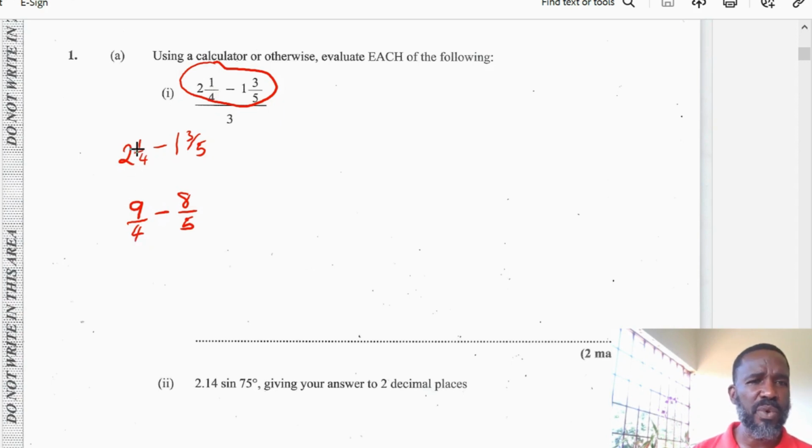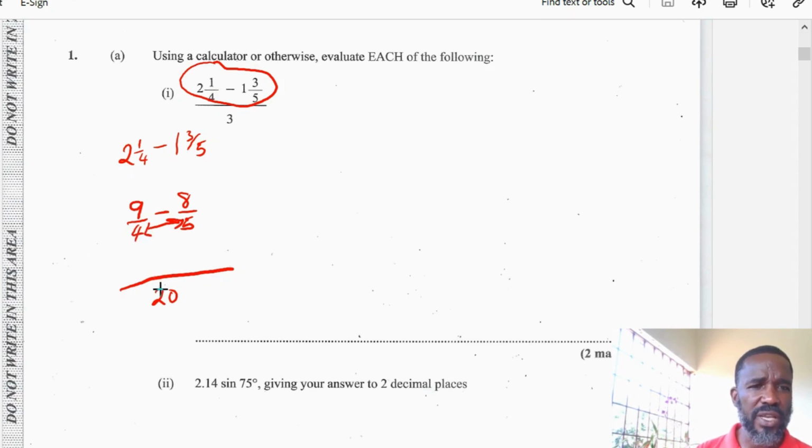So 9/4 is equivalent to 2 1/4 and 8/5 is equivalent to 1 3/5. Now, in order to add or subtract fractions, we must have what we call a common denominator. The common denominator here is going to be 20, because 5 fours give you 20.